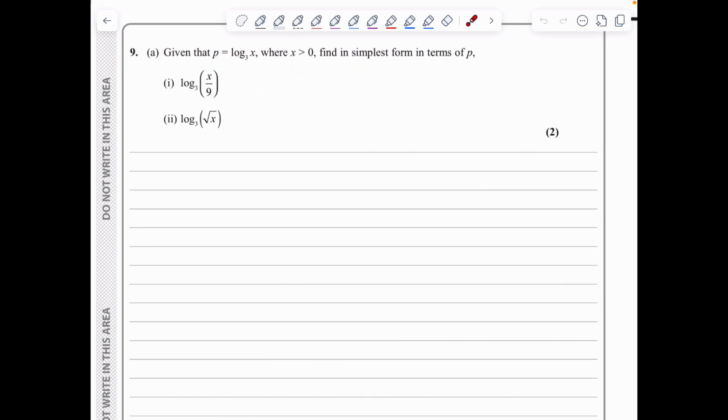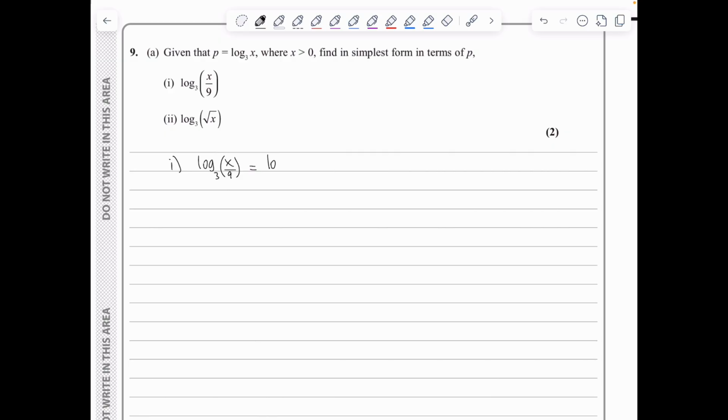In 9a, we are given that p is log of x base 3 for x greater than 0, and we need to find, in its simplest form, log of x over 9 base 3 and log of root x base 3. So starting with log of x over 9 base 3, the first thing to do is express this as the difference of two logs.